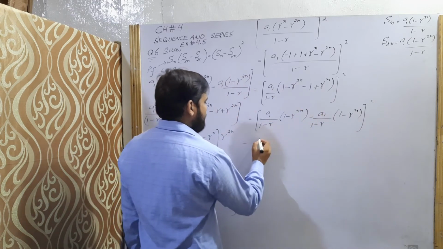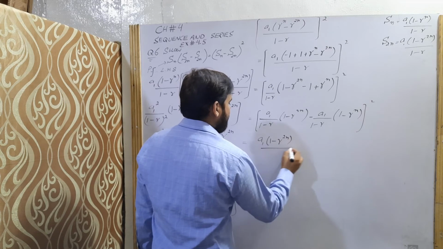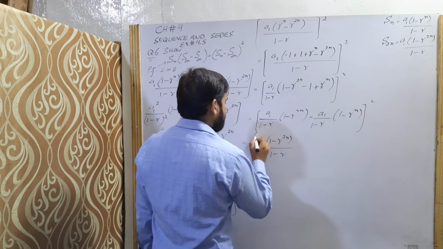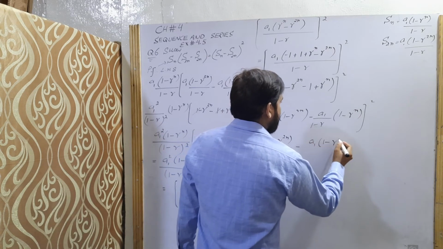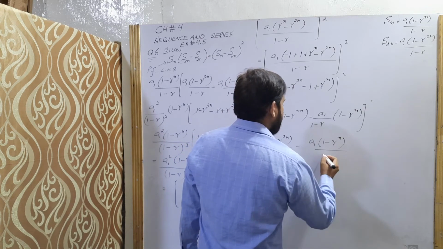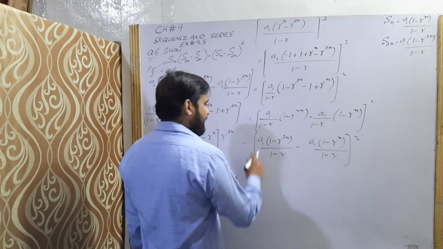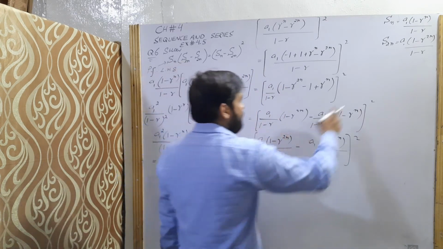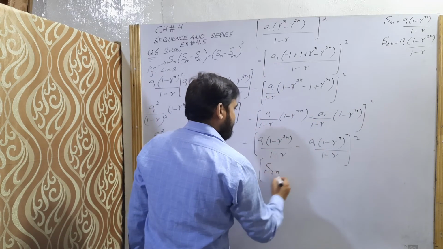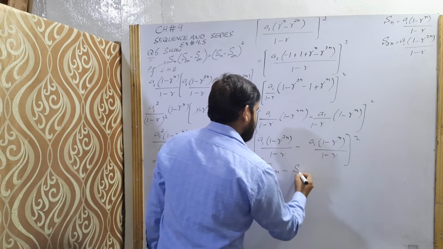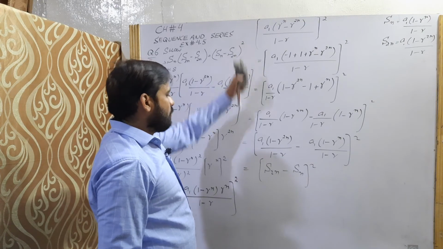So this is a1 (1 minus r power 2n) divided by 1 minus r, and this is a1 (1 minus r power n) divided by 1 minus r whole power 2, and this value is equal to S2n, and this is the formula of Sn whole square, but we needed Sn minus S2n whole square.